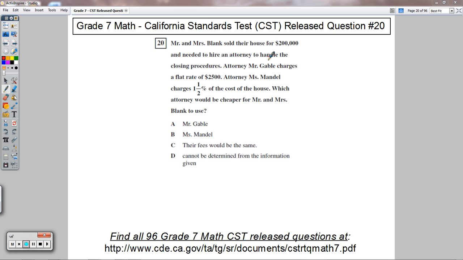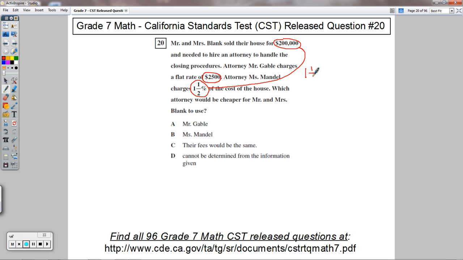So Mr. Gable, he's a simple flat rate of $2,500. So we need to figure out if $2,500 is more or less or the same as 1.5% of $200,000. So how can I find out what 1.5% of that amount is? If I'm doing percents, think of changing percents to decimals.